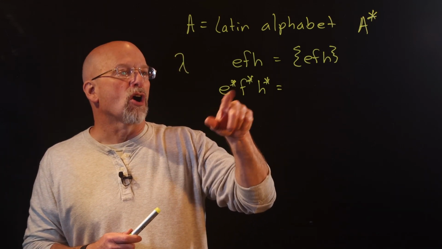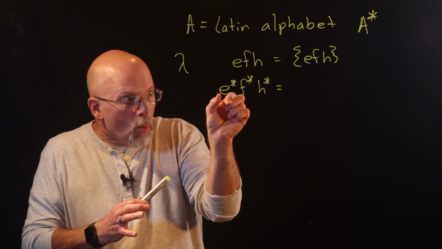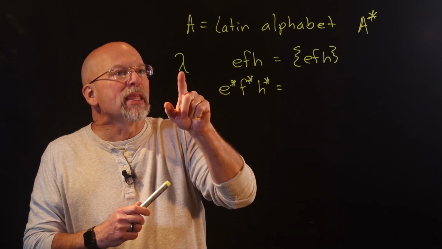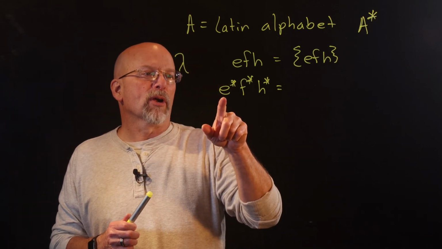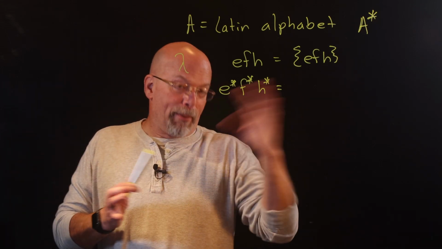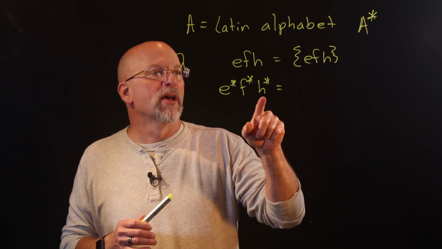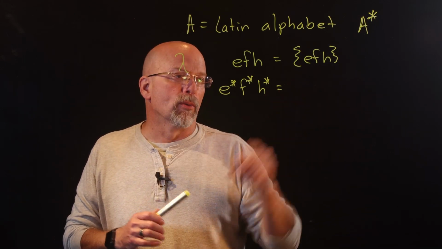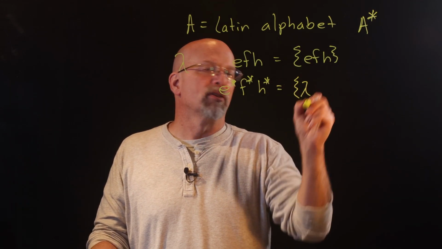So the star is going to make it so that we're going to create every string from what it is a star of, including the empty string. So there could be anywhere from no to a bunch of E's, anywhere from no F's to a bunch of F's, anywhere from no H's to a bunch of H's. So this could in fact include the empty string.